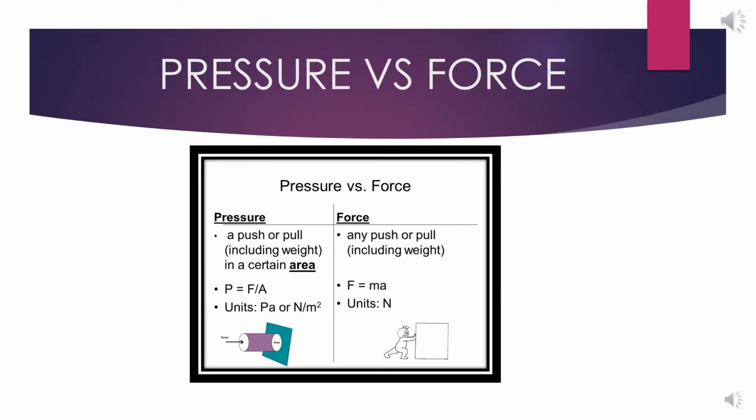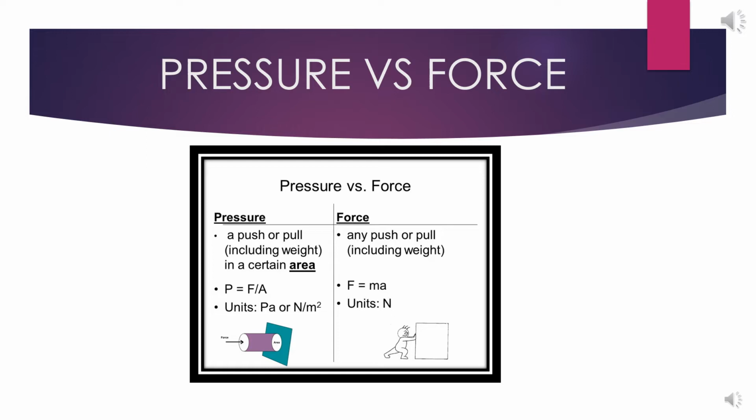Before going ahead, let's have a look at the difference between pressure and force. So what is pressure? Pressure is a push or pull in a certain area, and its formula is P = F/A, where P is pressure, F is force, and A is area.